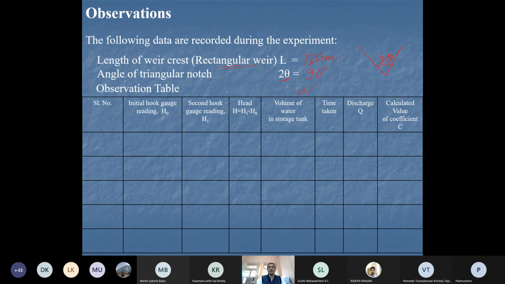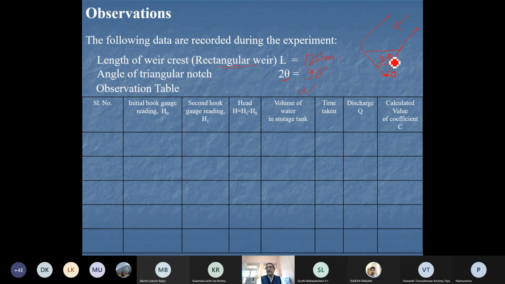So what we need to do, once we have started observations, water is coming from this side. The level of water, initially the 0 level, we are not measuring.